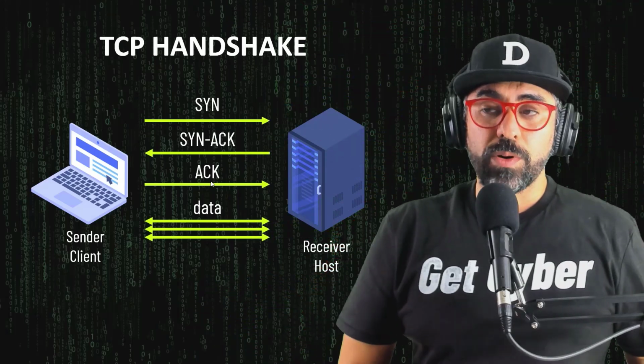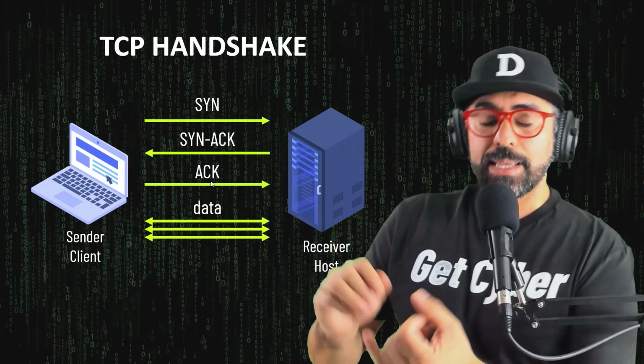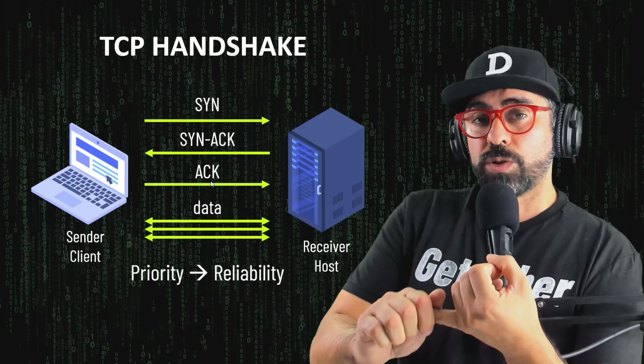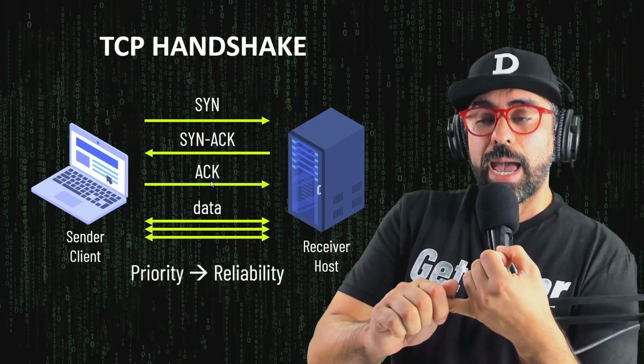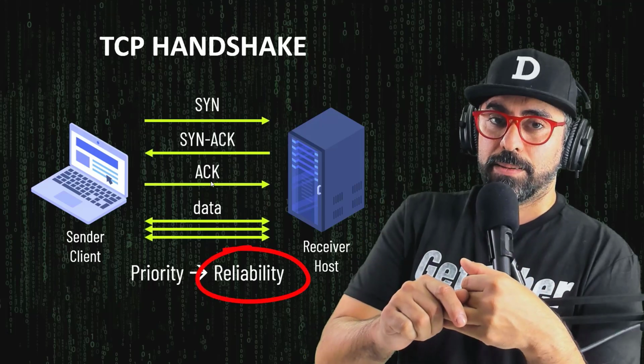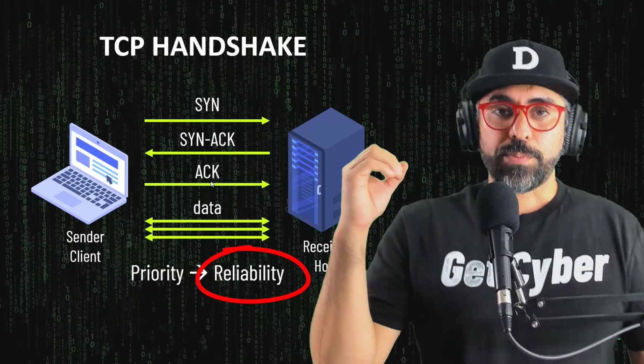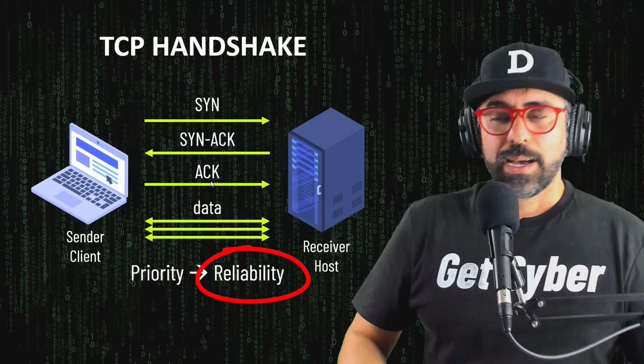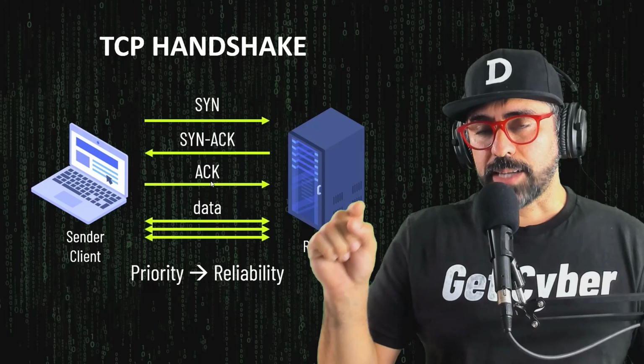What I want you to remember about the TCP handshake is that it's the most popular one, and not only that, the priority of the TCP handshake is reliability. That means that if a packet gets lost, then the sender is going to resend it again. And this is where DDoS attacks come in.